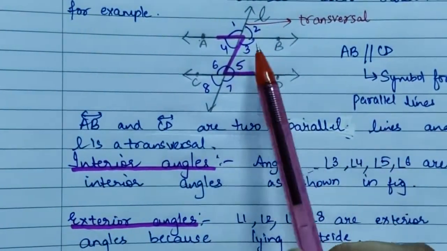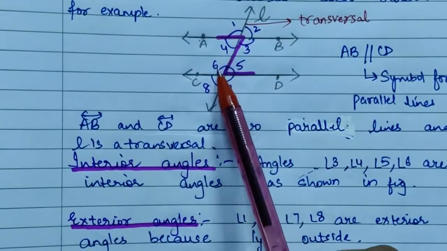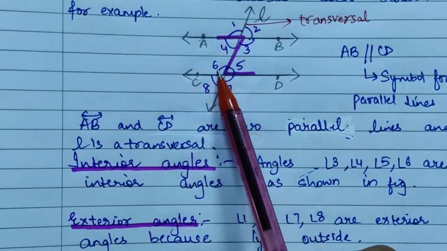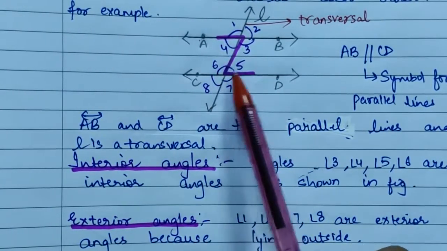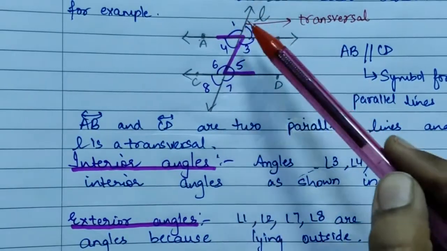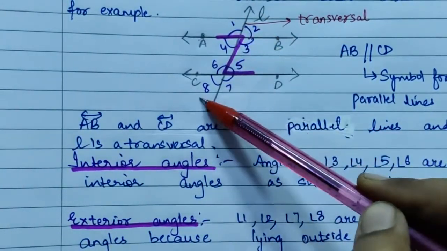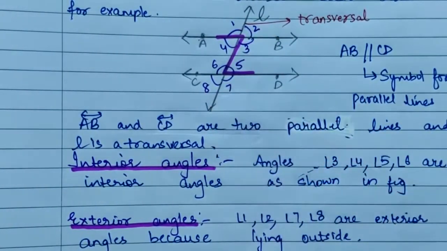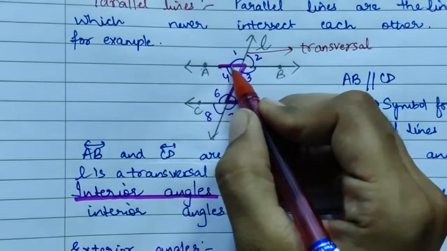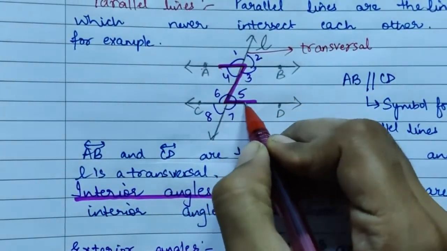Now interior angles. See, angles 3, 4, 5, 6. It is very clear from the figure that they are all interior angles. And angles 1, 2, 7, 8 are all lying outside, so they are exterior angles. Now let us discuss the alternate angles. See here, if you can see, a Z is forming here.